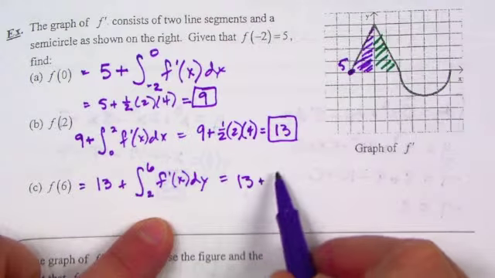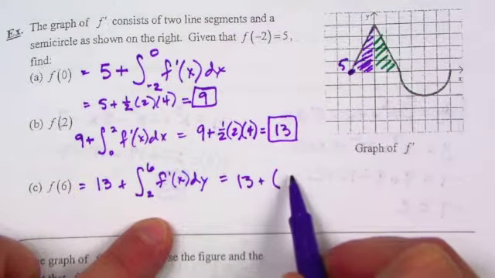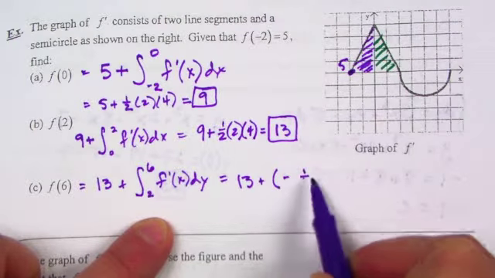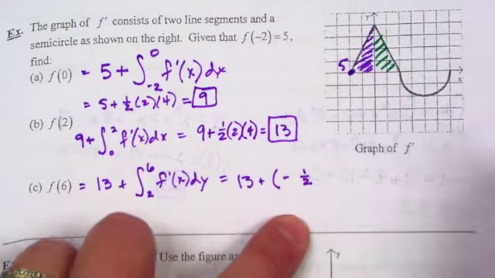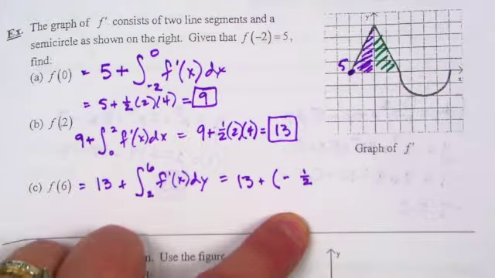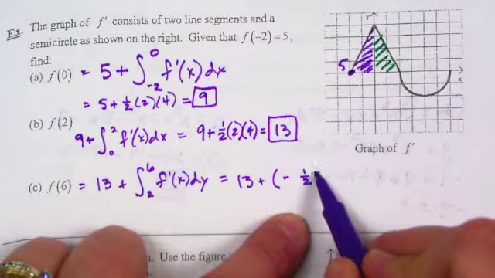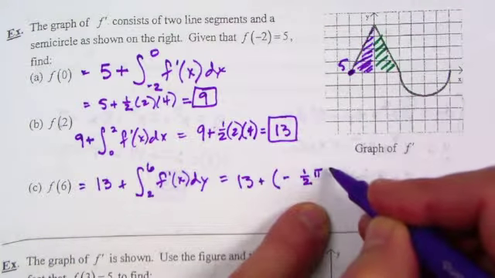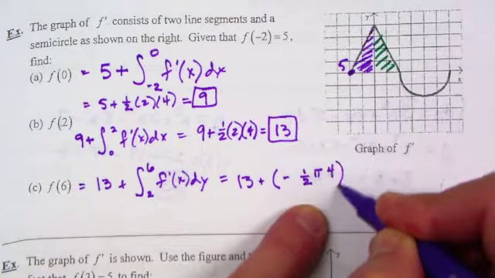So this is going to be 13 plus negative 1/2 pi r squared, right? So I'm going to have pi, and then what's the radius? 2. So that's 4.